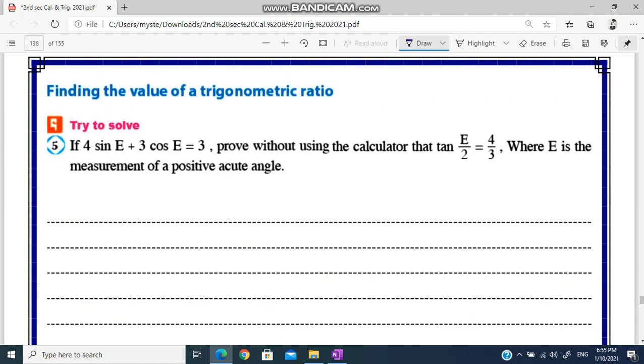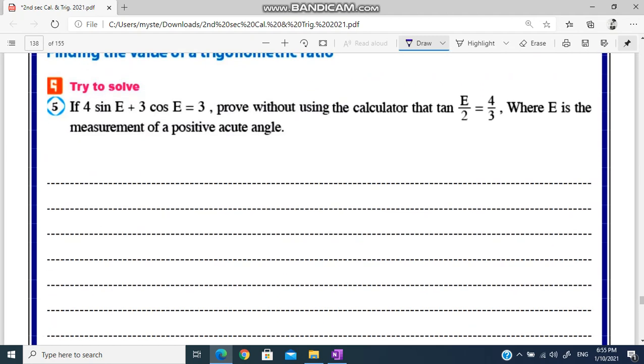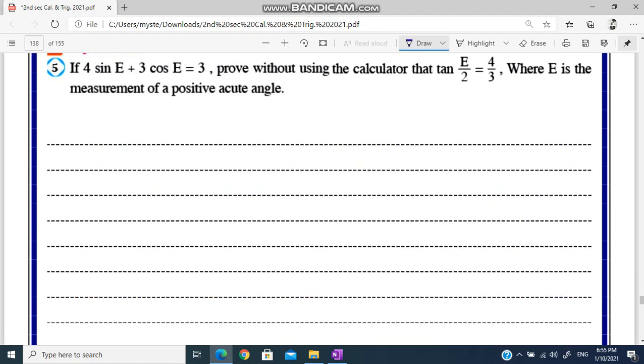Another example, find the value of a trigonometric ratio. If 4 sine e plus 3 cosine e equals 3, prove without using a calculator that tan e over 2 equals 4 over 3, where e is the measure of a positive acute angle. So here we can expand sine e to 4 times 2 sine e over 2 cosine e over 2, plus 3 cosine e equals 3.